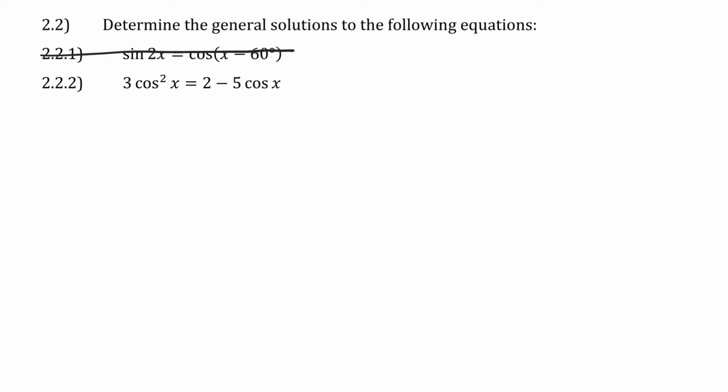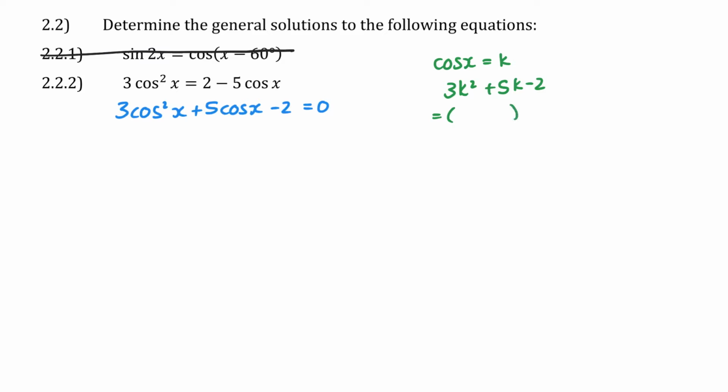We've already done 2.2.1. So 2.2.2 has 3 cos squared x on the right, and on the left 2 minus 5 cos x. This could be a potential trinomial. So let's take everything and put it on one side. And that is a trinomial. So let's take a look at the structure. If I had cos x as k, I'll have 3k squared plus 5k minus 2, and that could definitely factorize: 3k and k.